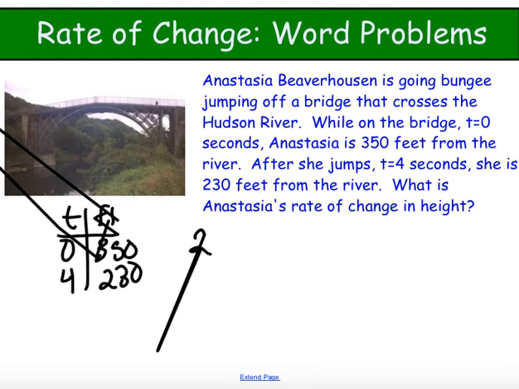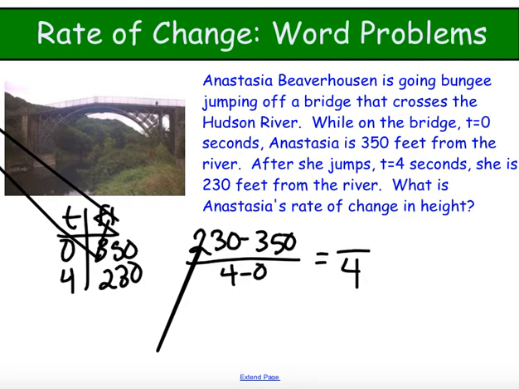Well, I'm going to do 230 minus 350 over 4 minus 0. So we get 4 on the denominator, and in the numerator I get negative 120. So I simplify to get negative 30 feet per second. What that means is I am getting closer and closer to that river by 30 feet each second.